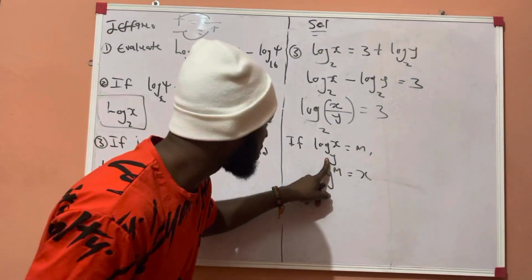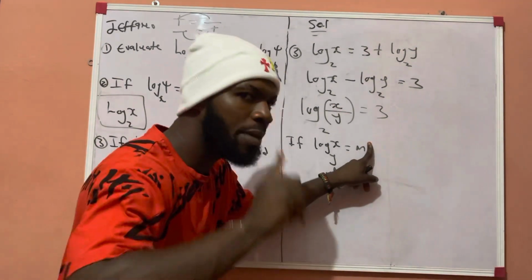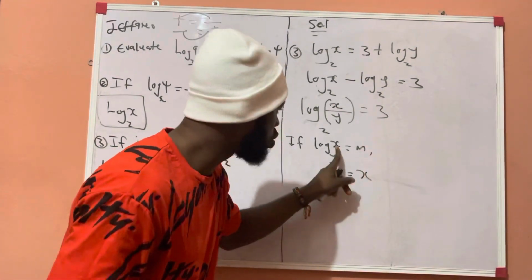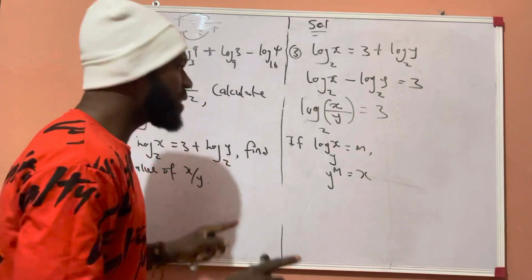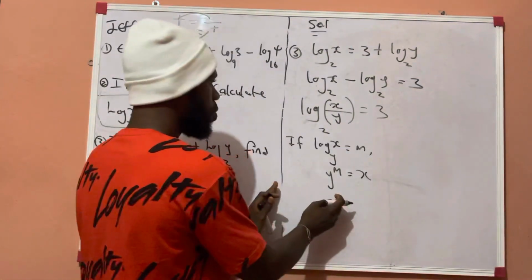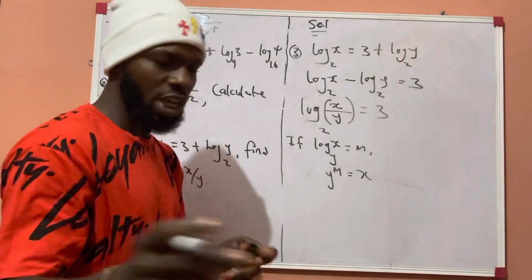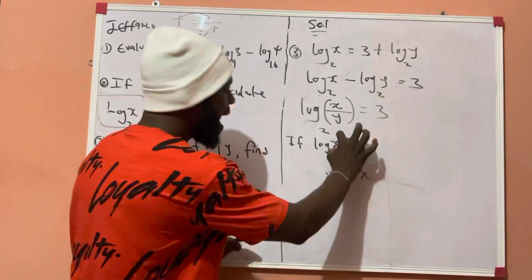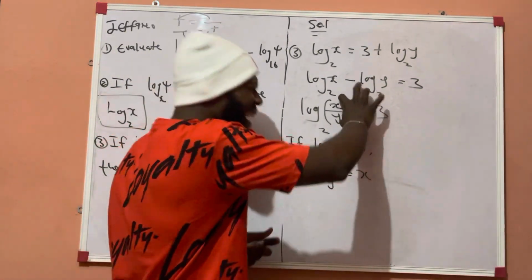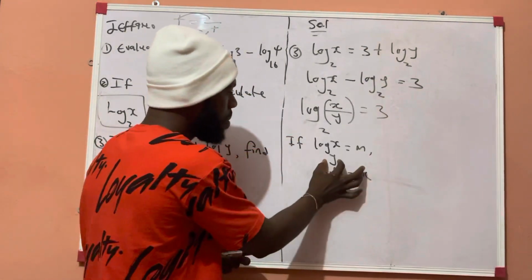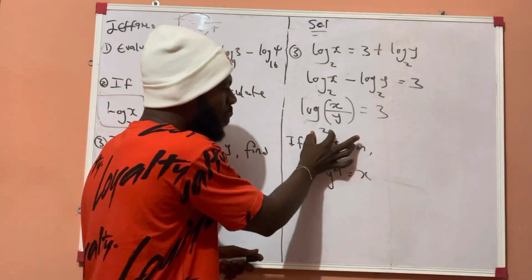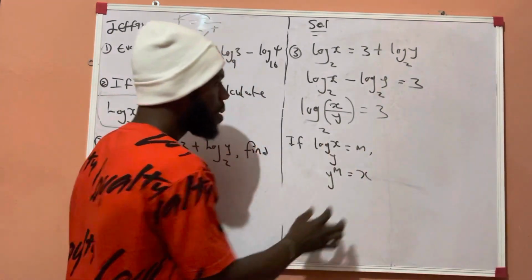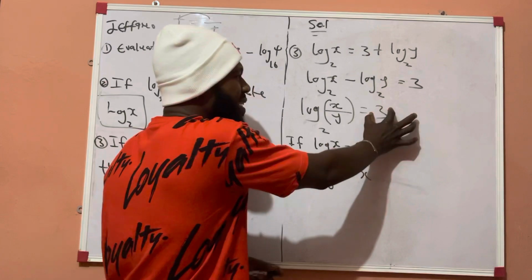The base will carry this as a power equal to your number here. Now, if you take a look at this law and this question, they are the same. How? My x is represented by x over y here. My y, which is your base, is represented by base 2. My n is represented by 3.